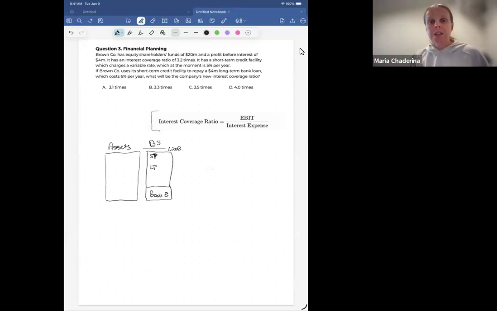It's taking some of its long-term bank debt and refinancing it with a short-term credit facility. The long-term facility is charging this company 6% per year, and the short-term facility in this instance is charging less, 5% per year.